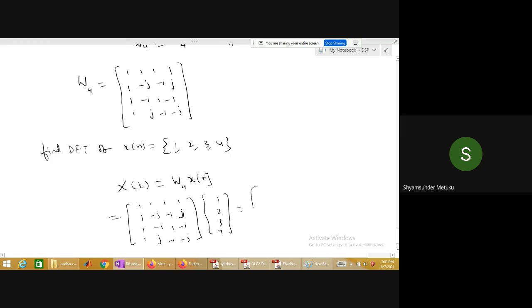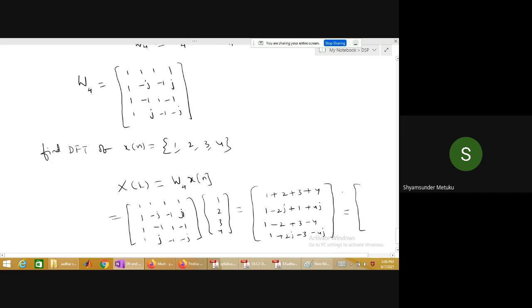Then if you do the multiplication, 1 plus 2 plus 3 plus 4; 1 minus 2j minus 3 plus 4j; 1 minus 2 plus 3 minus 4; 1 plus 2j minus 3 minus 4j. Yes or no? Yes, it is minus 4j, correct.